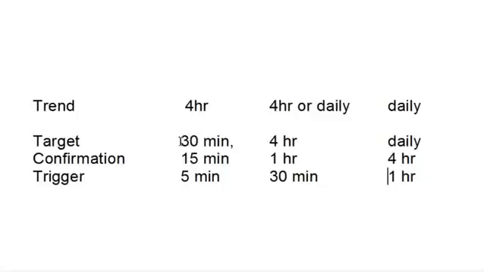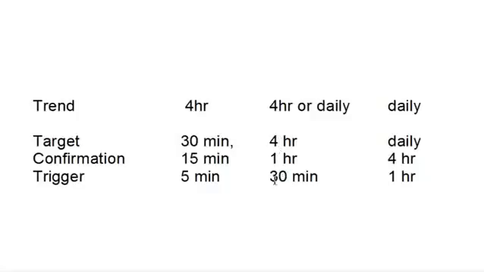When it's going in the direction of that larger time frame, that's confirming that you're trading in the direction of a major trend. Then you confirm that on the 15-minute, and you enter on the 5-minute and go for a few pips. Then when you move up, you're trading the 4-hour, 1-hour, and the 30-minute would be your trigger.